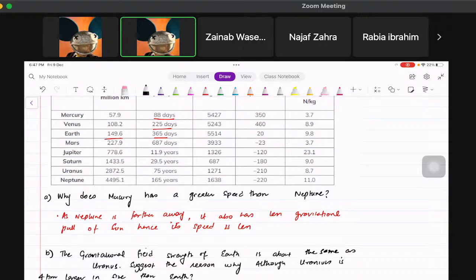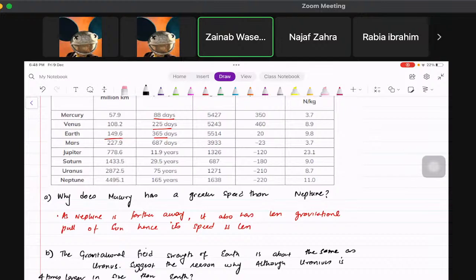Do you understand? Now answer this, please. Sorry, I wrote it wrong. So Uranus is 4 times larger, but in fact it has a bit smaller gravitational field strength. Tell me the reason why.